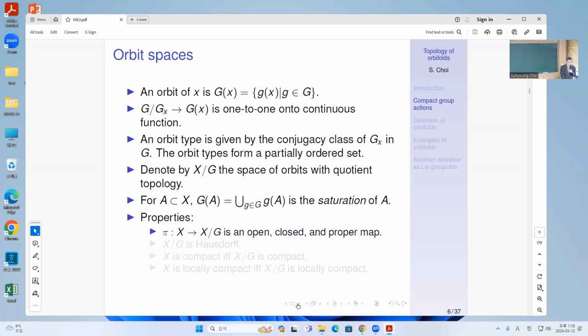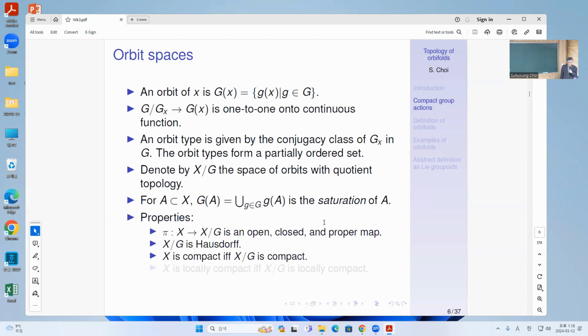The property is that X goes to X mod G is an open, closed and proper map. Of course, you need G being compact here, otherwise it's not really true. And X mod G is a Hausdorff space when G is compact. X is compact if and only if X mod G is compact, again needing G compact.